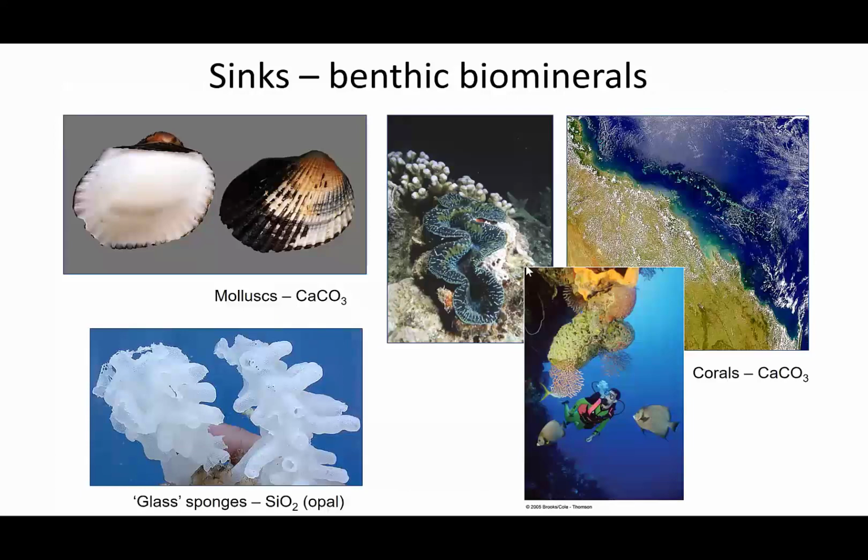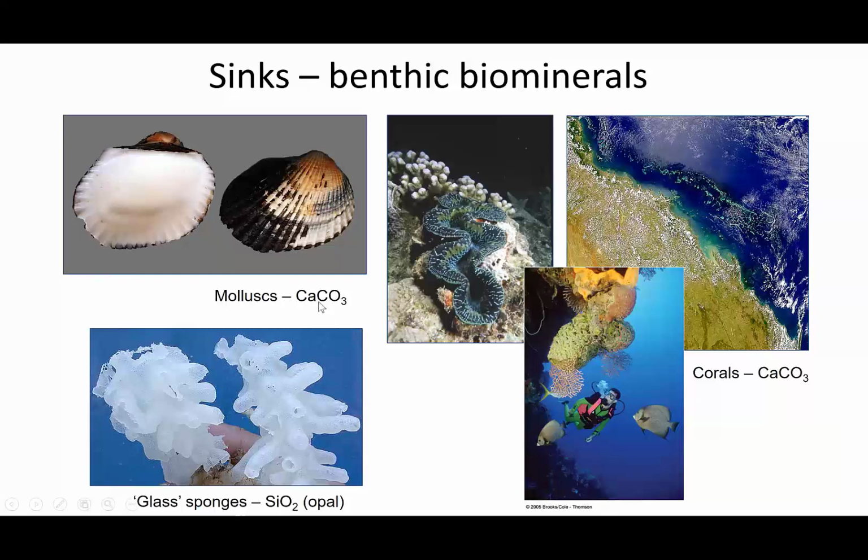We have a similar range of not plankton, but rather benthic organisms that also precipitate their skeletons and shells directly from seawater. So we have mollusks, like these ones here, the Anadara that you find down in the estuaries and lagoons on the south coast of New South Wales. There's a giant clam here.